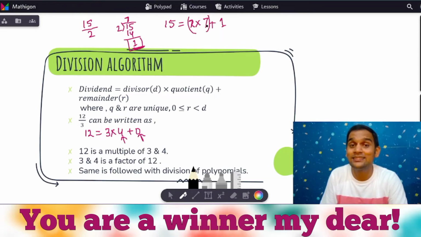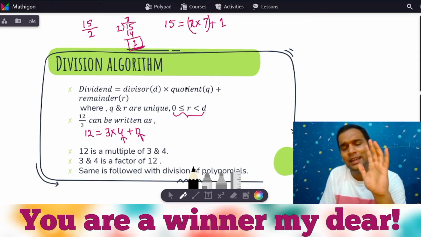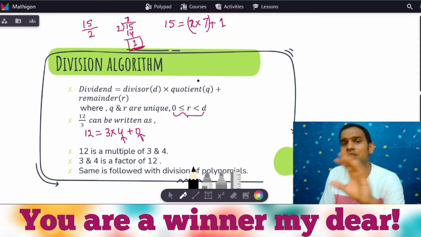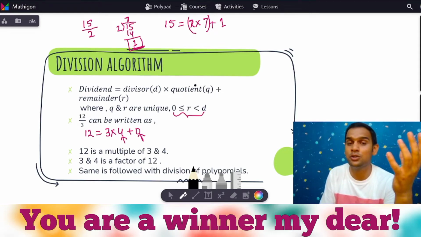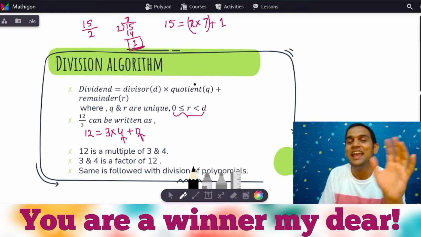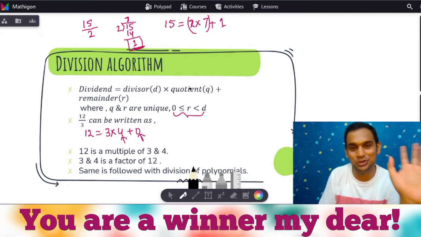So in this case, the quotient and the remainder are unique. As for the possibility of the remainder, a remainder is either 0, as we have already seen, so 0 is less than or equal to the remainder. That means the remainder is greater than or equal to 0.